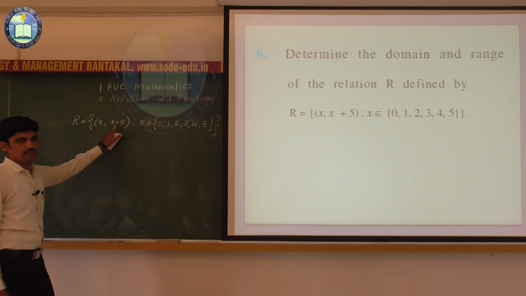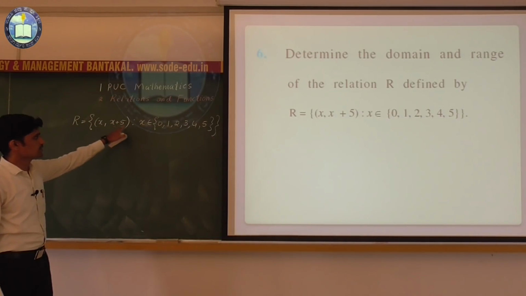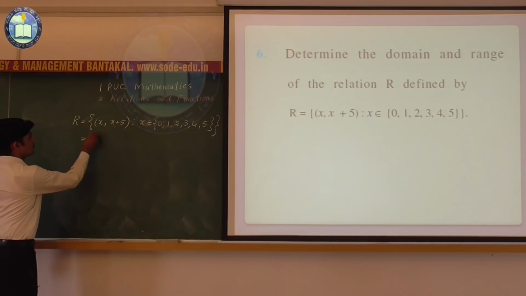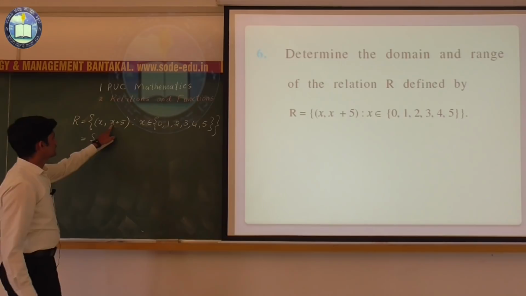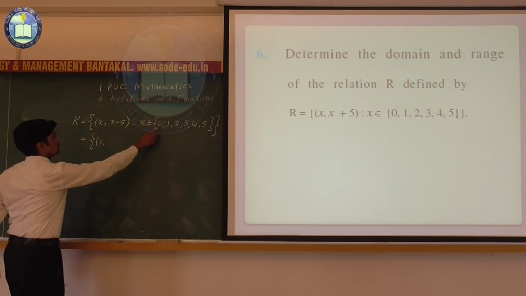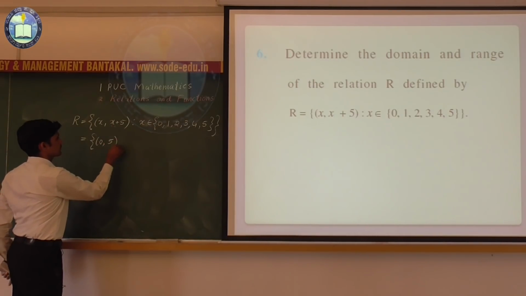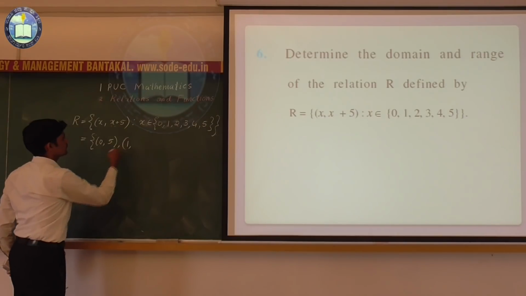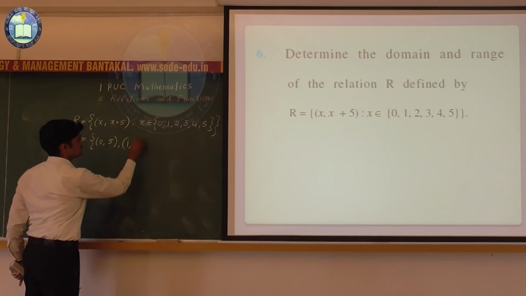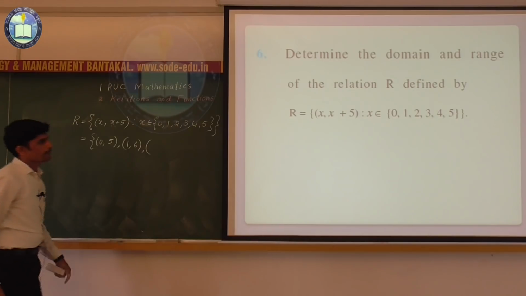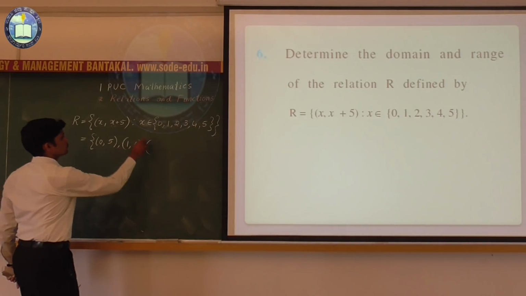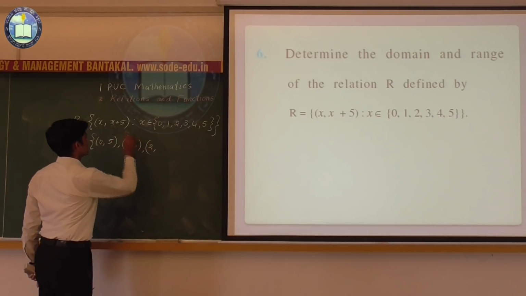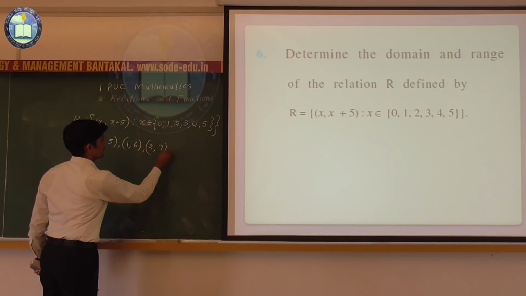So we can observe clearly here y value is equal to x plus 5. Let us give the values. When we give x equal to 0, then x plus 5 is 0 plus 5, that is 5. And when we give x equal to 1, 1 plus 5, 6. When we give x equal to 2, it is 2 plus 5, 7.